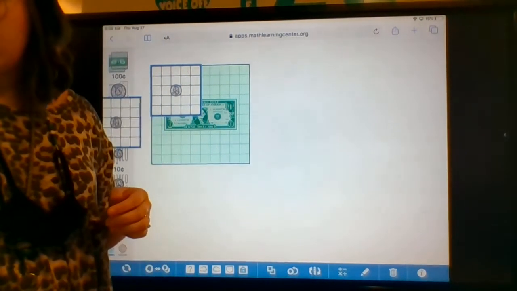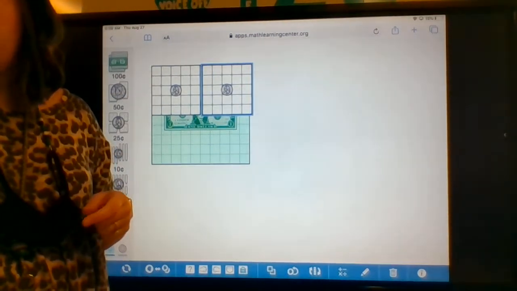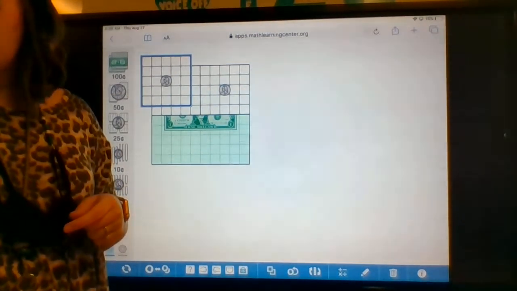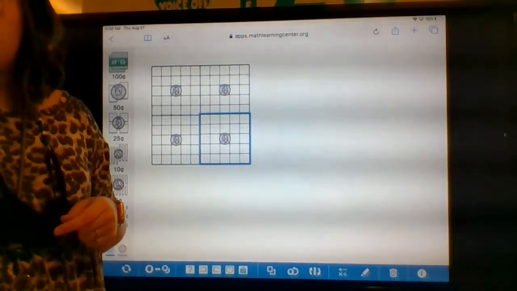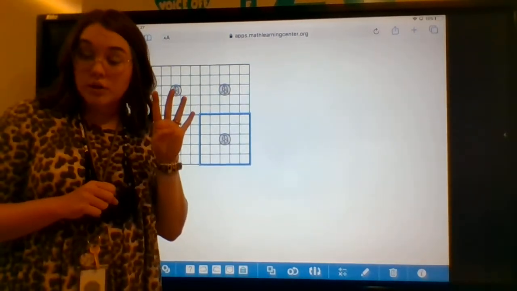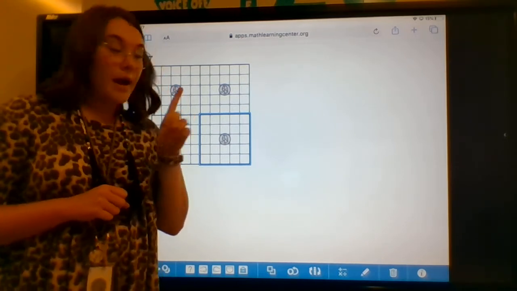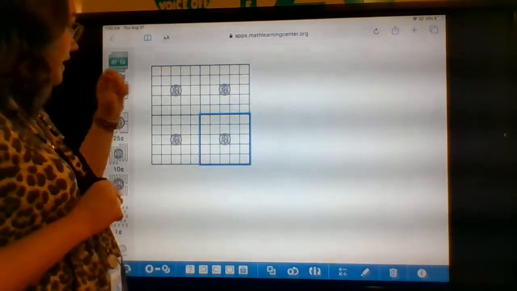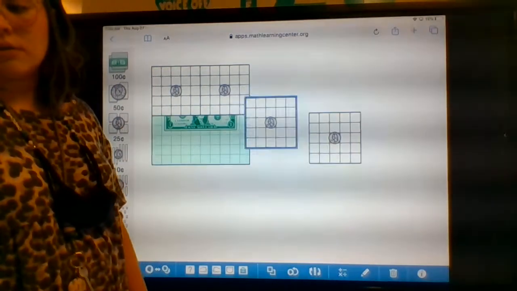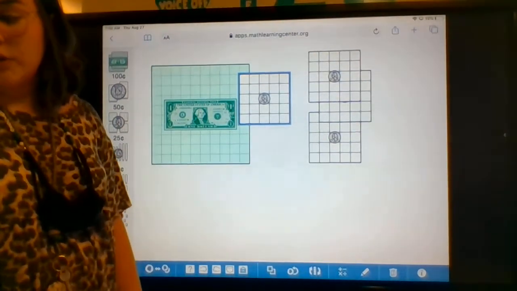So you should have said 4. If we line them up, 4 quarters is $1. So I have 25 cents plus 25 cents plus 25 cents plus 25 cents, and that equals $1.